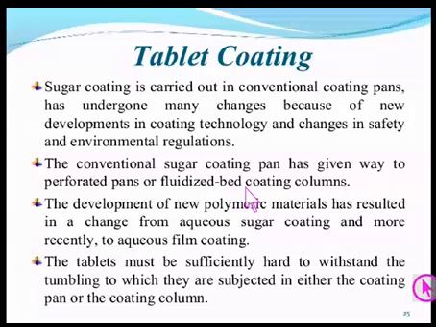The conventional sugar coating pan has given way to perforated pans or fluidized bed coating columns. So nowadays, the latest machineries that are available would replace the conventional coating pans, to deal with the new coating technology as well as to have the safety parameters and follow the environmental regulations more satisfactorily.